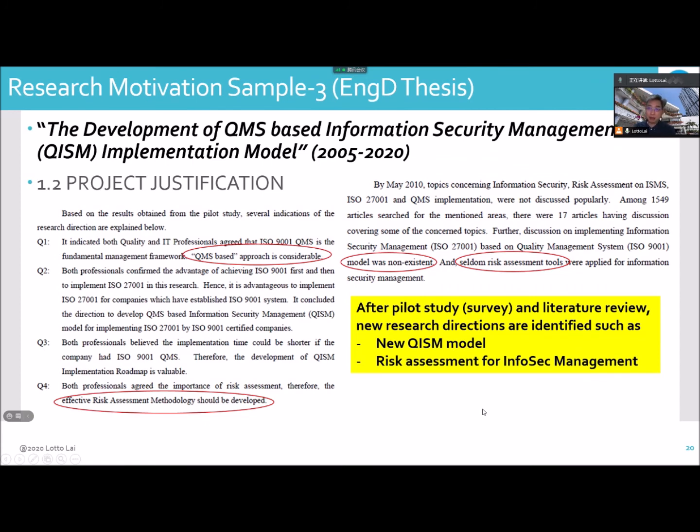In my engineering doctorate thesis, the topic was the development of a QMS-based information security management implementation model. After the past study, I did the survey and literature review, and we built a new research direction to identify the new model, build the model, and also develop a new method for risk assessment for information security management.